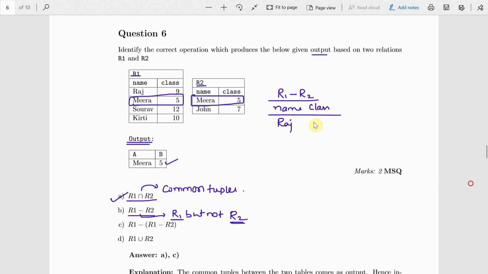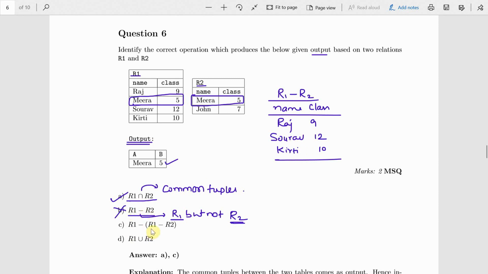Raj 9 is there in R1 but not in R2, so Raj is in the output. Mira phi is there in R1 and also R2, so Mira phi is not in the output. Saurav 12 is there in R1 but not in R2. Kirti is there in R1 but not in R2. This is the output of R1 minus R2. So option B is incorrect.